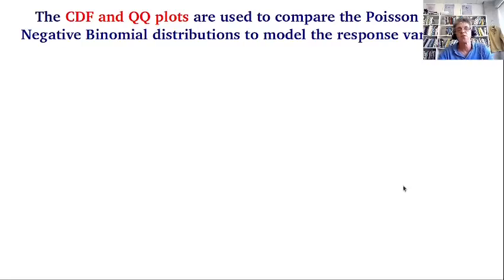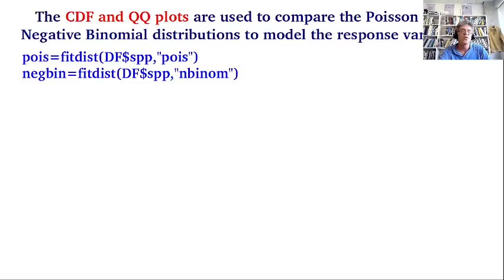So I'm going to use QQ plots and cumulative distribution plots to compare the two distributions, the Poisson and the negative binomial, as the most adequate distribution to model the response variable. So I used the package fitdistrplus, whose main command fitdist fits the Poisson distribution to this response variable.